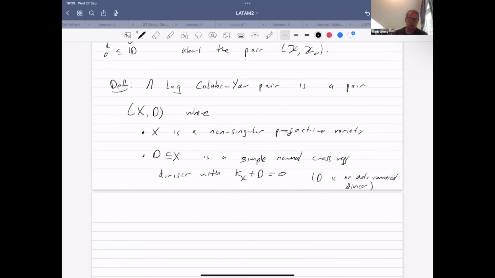Now, what does simple normal crossings mean? This means that locally, E is given by the equation x1 ... xs = 0 for x1 through xn, some local coordinates.